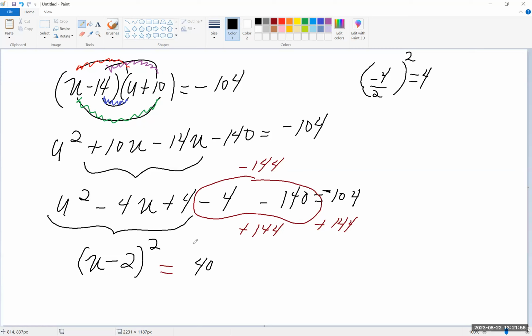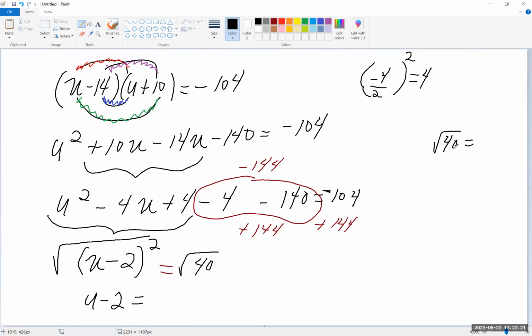And so now I'm going to take the square root of both sides, and I'm left with u minus 2 on the left, and on the right, let's work with the square root of 40 over here.